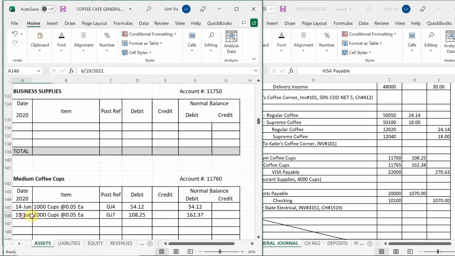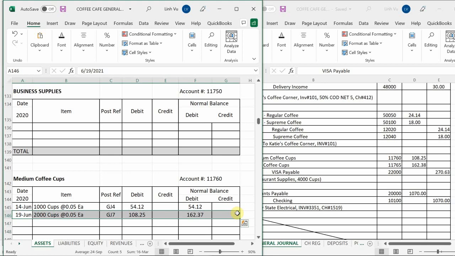Right here, medium coffee cups for the 162. Hold on. Medium coffee cups right here on the 19.